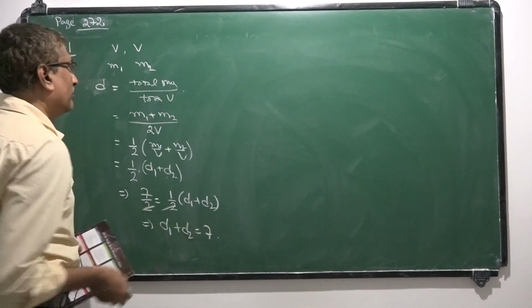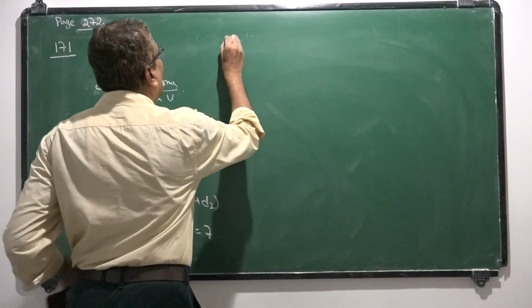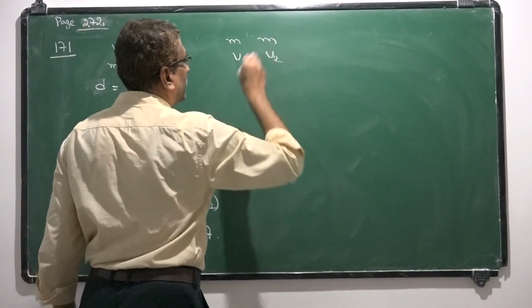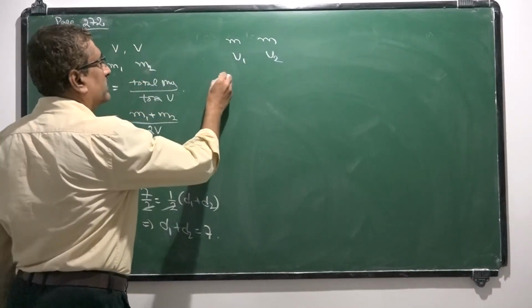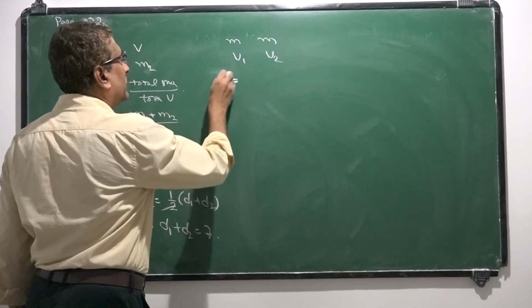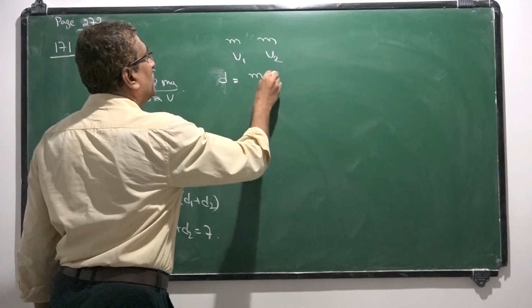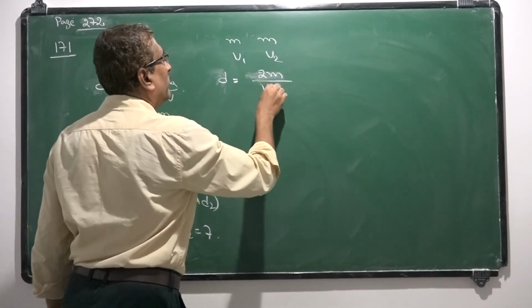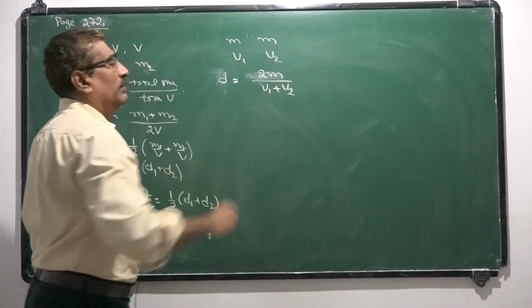So that is the first condition. Now in the second case, masses are equal, volumes are different. In this case, the density of the mixture is given as m plus m, that means 2m, by v1 plus v2, where the total volume is v1 plus v2.